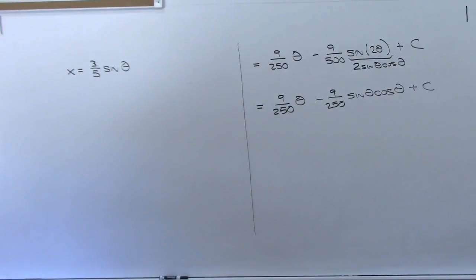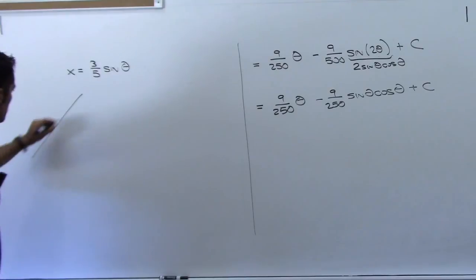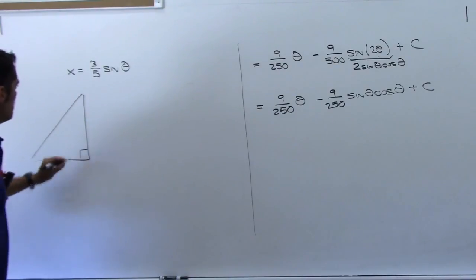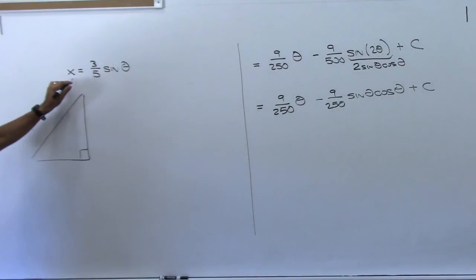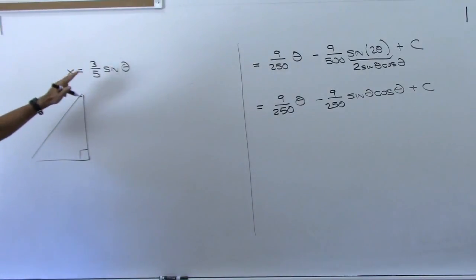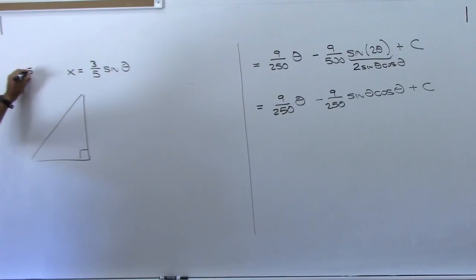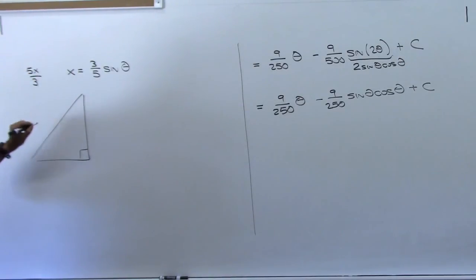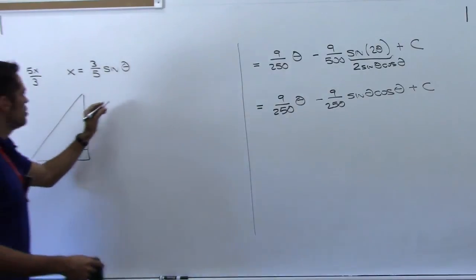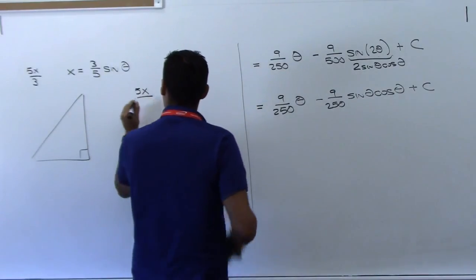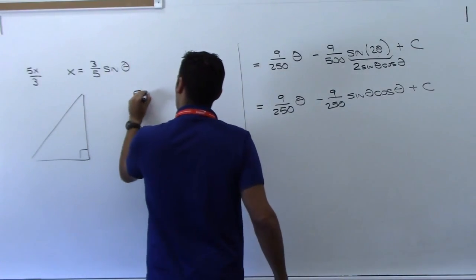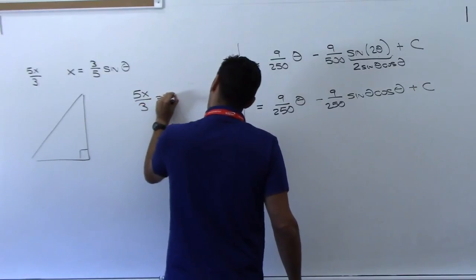So we're going to make a reference triangle out of this, which is going to be a little weird. Because I'm supposed to divide both sides by this number, 3/5. Multiply both sides by the reciprocal, and it becomes 5x over 3. That's the way you should probably do it. 5x over 3 equals sine theta.